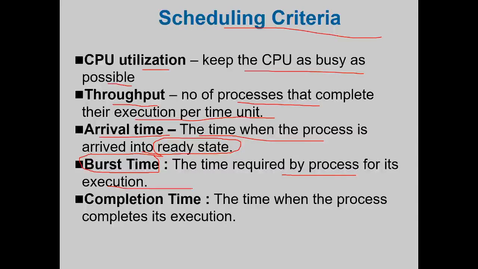Based on this also the process is selected. Completion time: the time when the process completes its execution. Based on these scheduling criteria, the scheduling algorithm considers all of them for process selection.